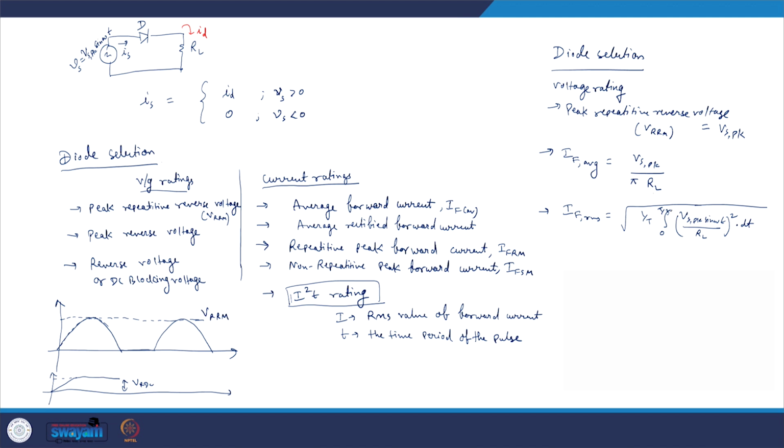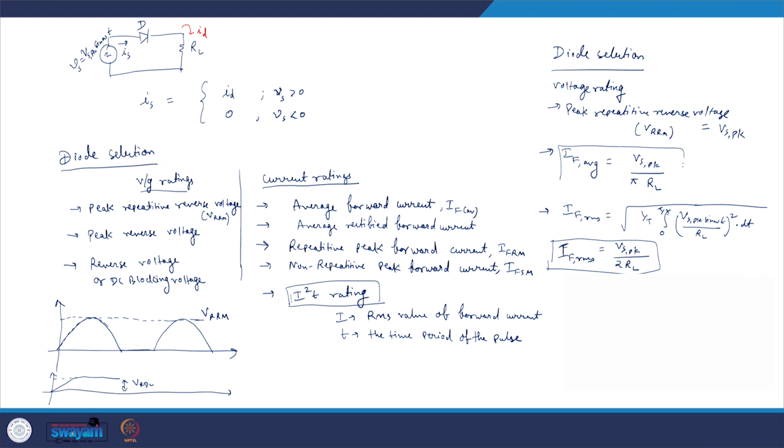Now, if we solve this integration, one could easily get a value of nothing but Vs peak by 2 RL. So, this is the RMS value using which the I square T rating can be found.